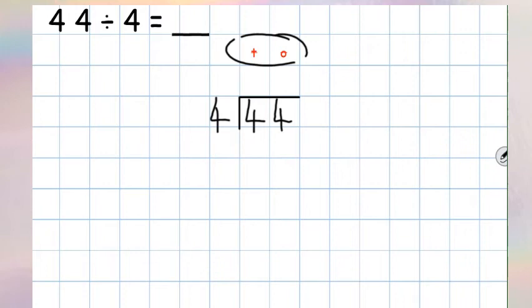T stands for tens, O stands for ones, to help them remember that the 4 here isn't 4 as in 4 ones, it's 4 tens. So there are 10, so a 1 goes into the tens column. There are 10 lots of 4 in 40, and then there is 1 lot of 4 in 4, which gives them a total of 11 lots of 4 in 44.